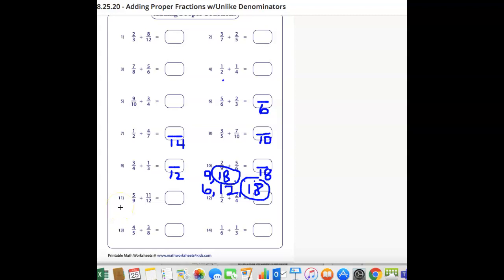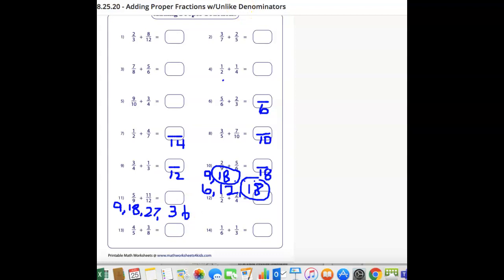So 9 times 1 is 9. 9 times 2 is 18. 9 times 3 is 27. 9 times 4 is 36. Now, let's look at 12s.